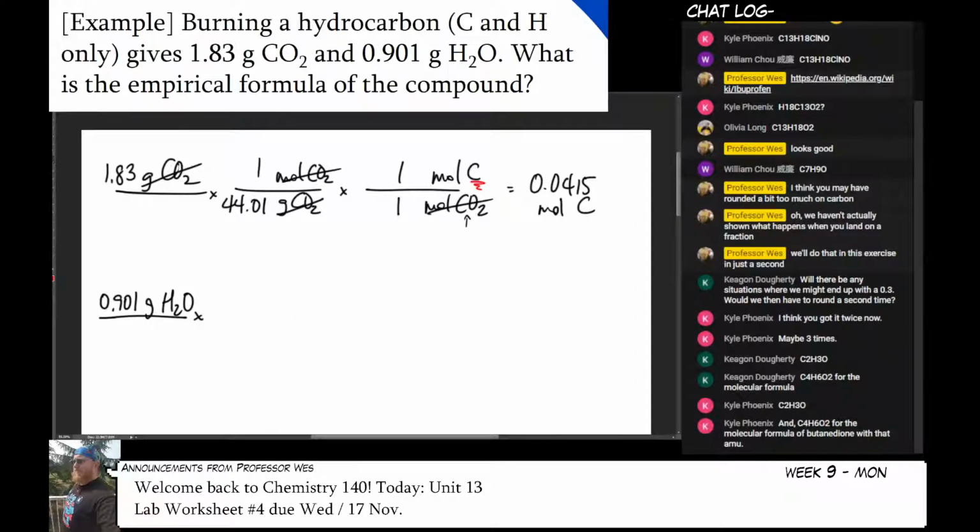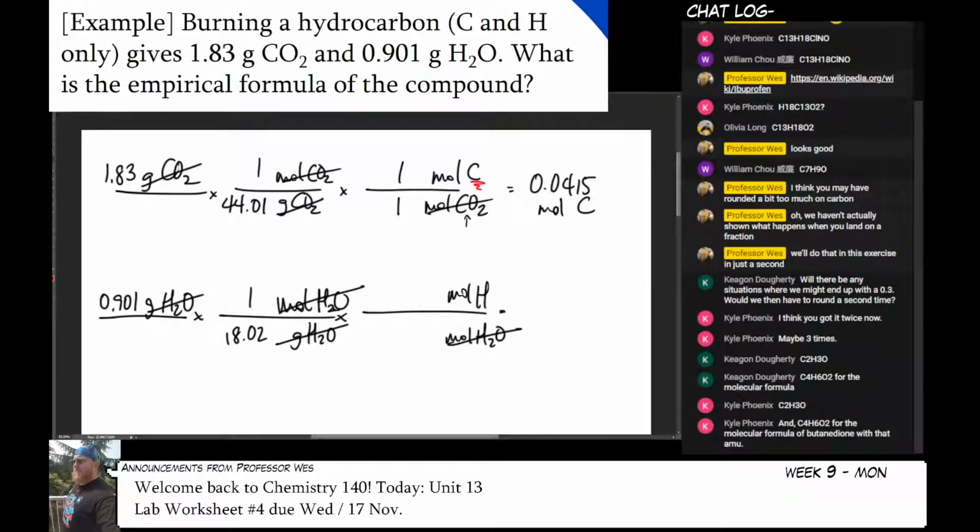We'll do the same thing with water. We'll do the dimensional analysis first. In 1 mole of water there are 18.02 grams.